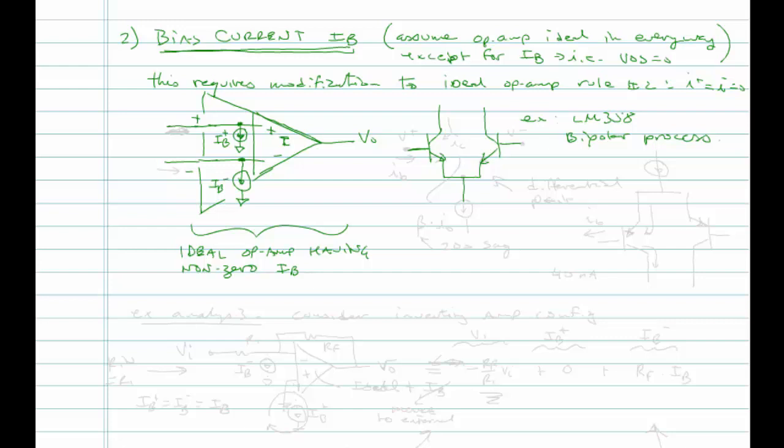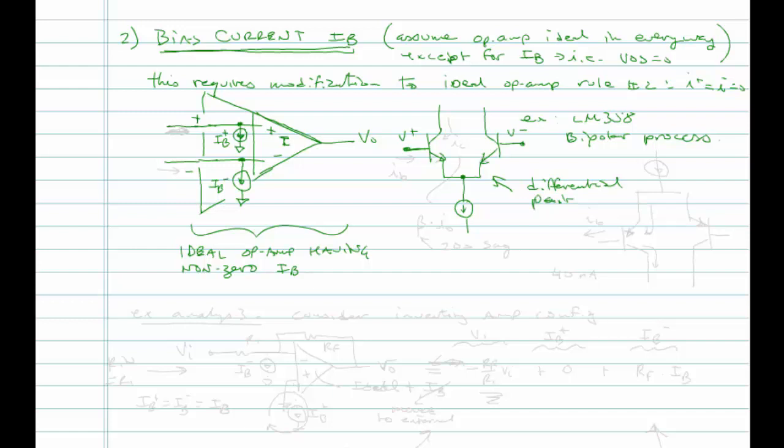There are also FET or MOSFET based op-amps. The 2 inputs on the op-amp ultimately are connected to the base of a transistor, as part of what's called a differential pair, or a long tail pair.